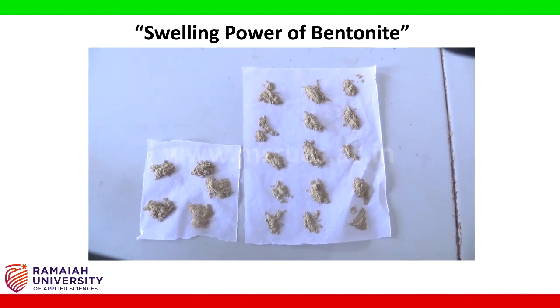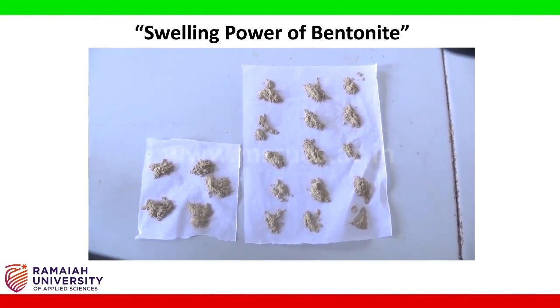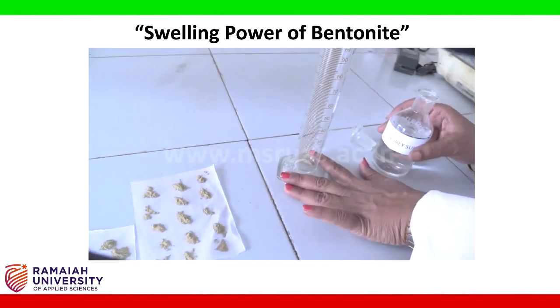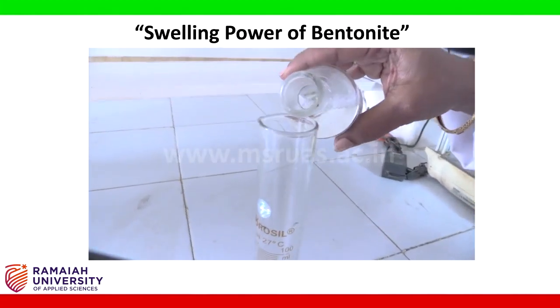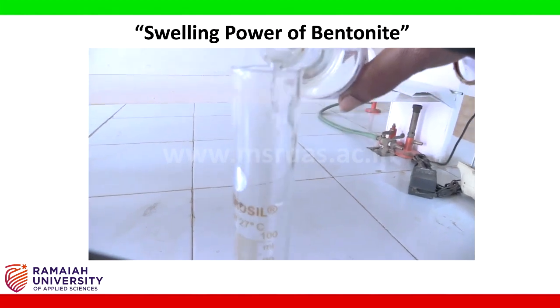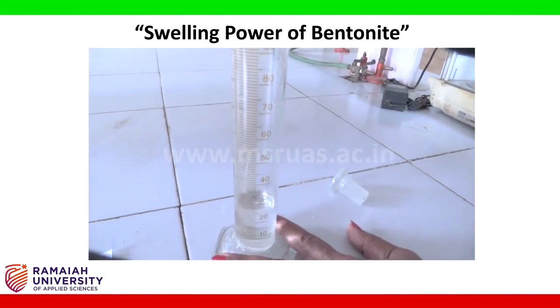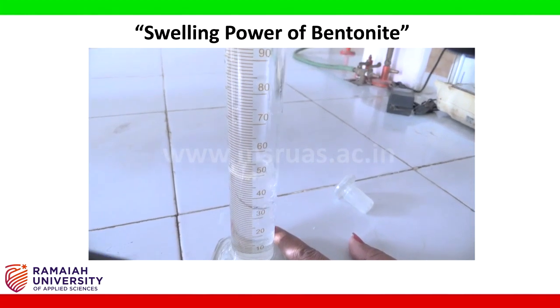After dividing the sample into 20 equal parts, now in a 100 ml measuring cylinder, take 100 ml of sodium lauryl sulfate solution.